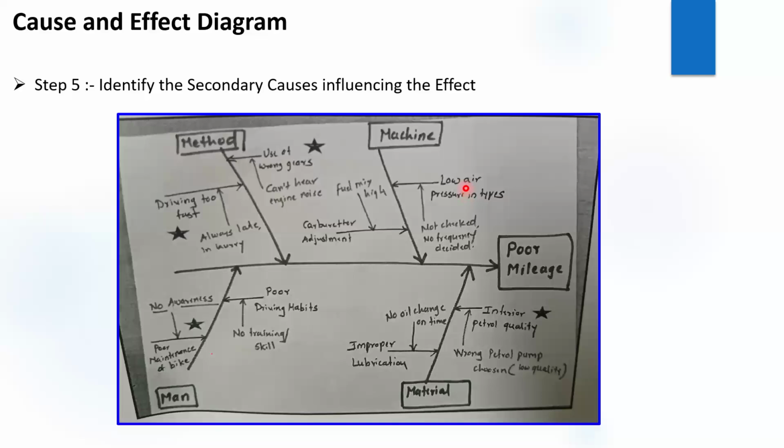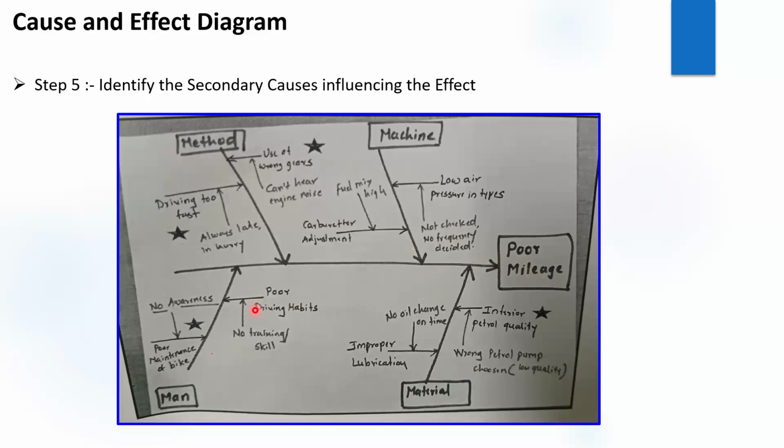Primary causes means if they are present, they will directly affect the poor mileage. What are secondary causes? Suppose I have not checked the air pressure, it will not directly hamper the mileage. It will result in low air pressure or high air pressure, and that will lead to poor mileage. So that is called the secondary cause.